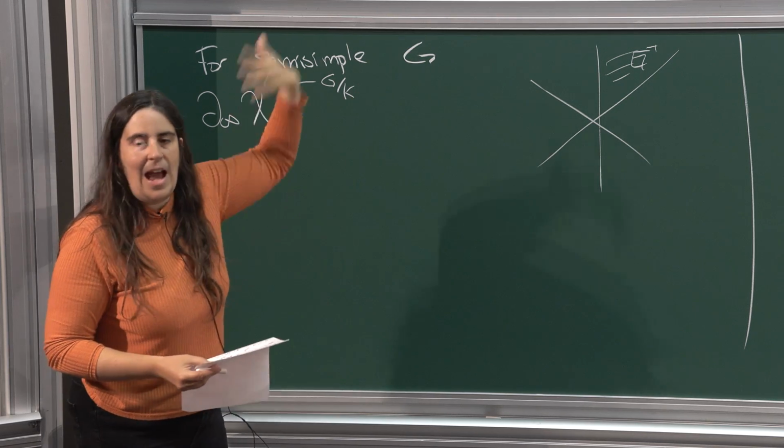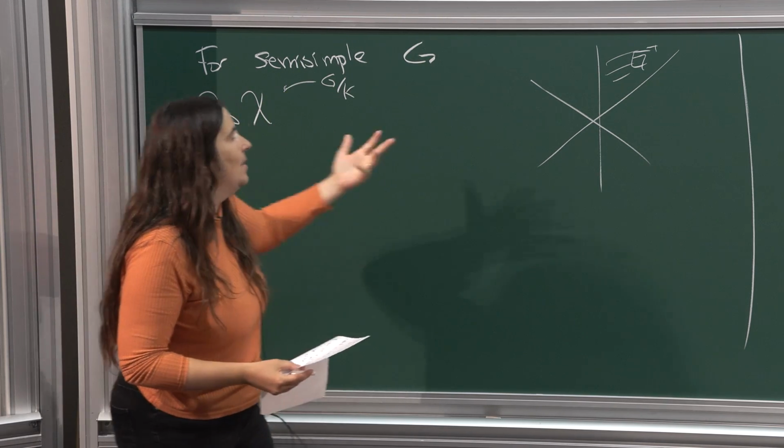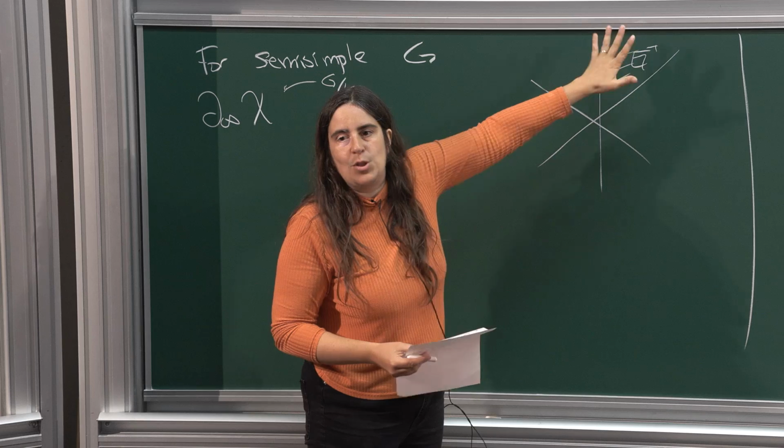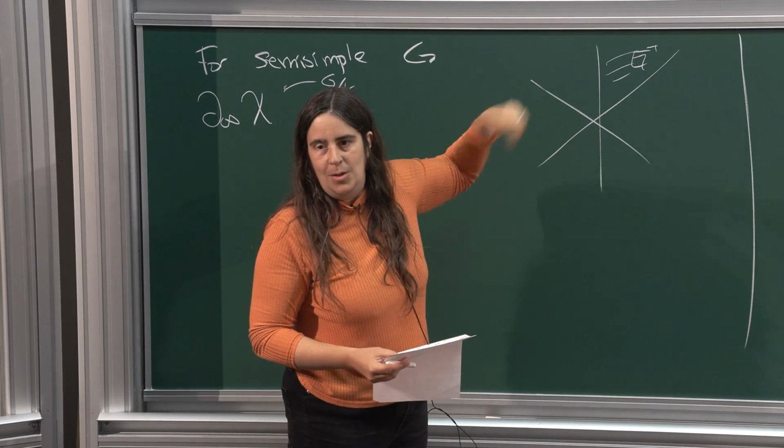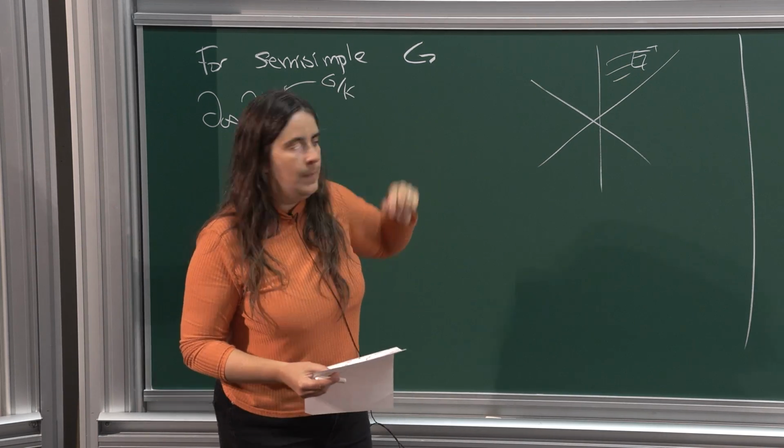I mean, the action of G extends to an action on the boundary, but why should it be transitive? It was not transitive on unit vectors, so it should not be transitive on the boundary either.